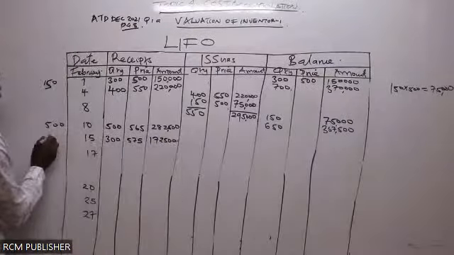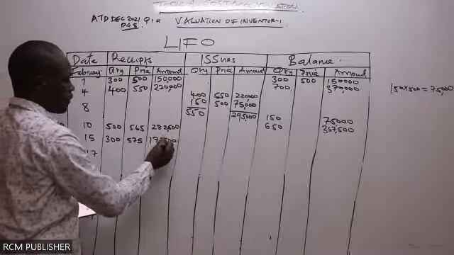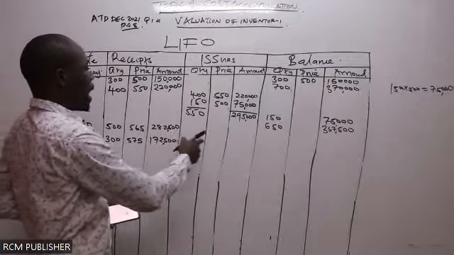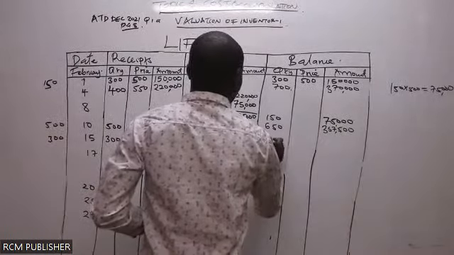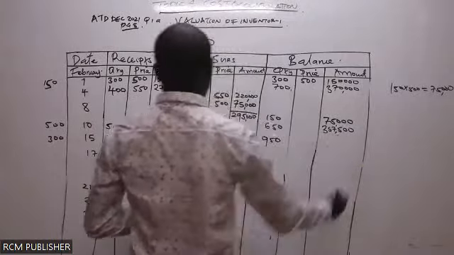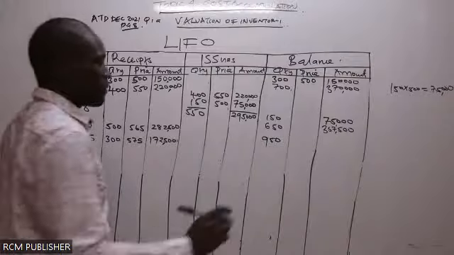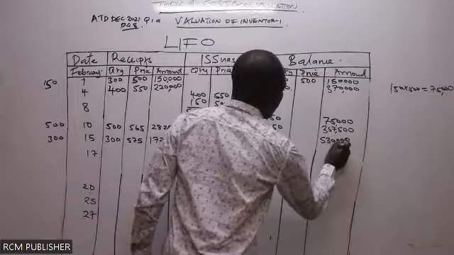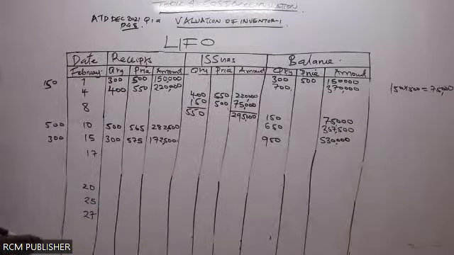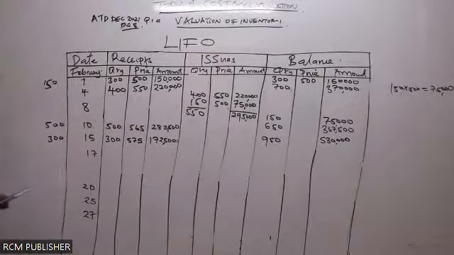So we are receiving an additional 300, and 172,500 we add to what we have here. When I receive this, I'm going to have 950 units. In terms of value, 357,500 plus 172,500 is 530,000. Now let's move to the 17th.